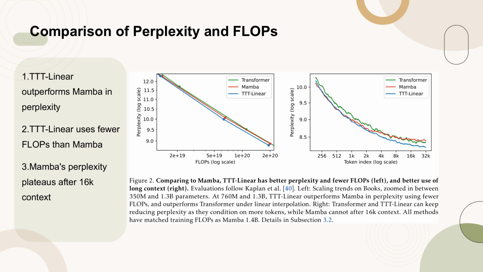On the right, the graph demonstrates the ability of models to reduce perplexity as they condition on more tokens. Transformer and TTT linear continue to improve, whereas Mamba's performance stagnates after 16K tokens, suggesting that TTT linear is better at utilizing long context information. All methods have matched training FLOPs as Mamba 1.4B, ensuring a fair comparison.